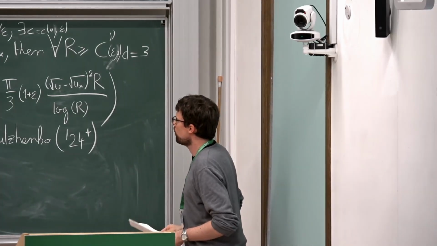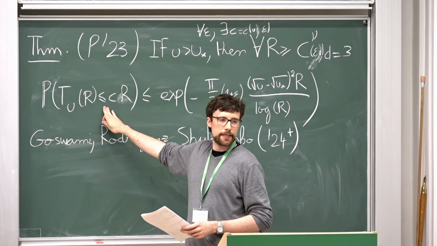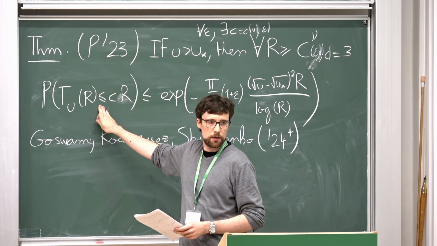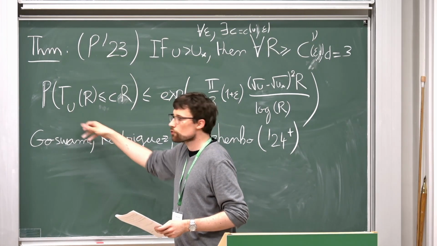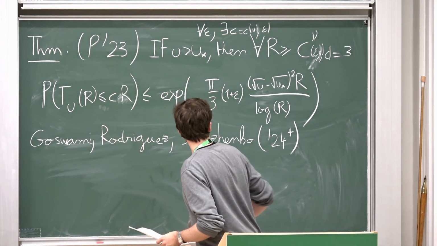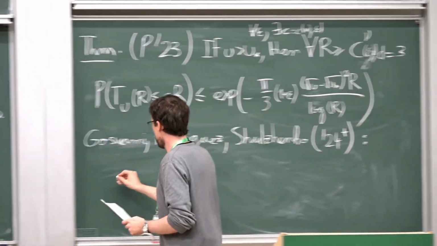They prove a matching lower bound, not for problem B, but for problem A. But basically, a lower bound for problem A implies a lower bound for problem B, because if you know that you are connected from 0 to R, then you know that your FPP is 0, so it is sublinear.